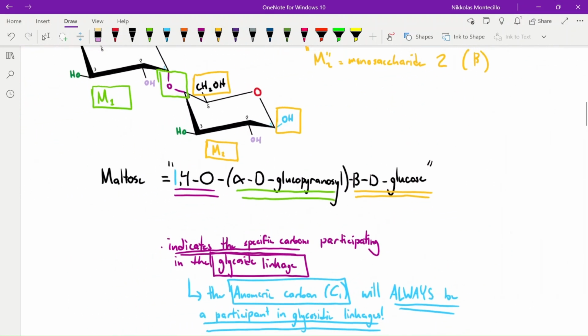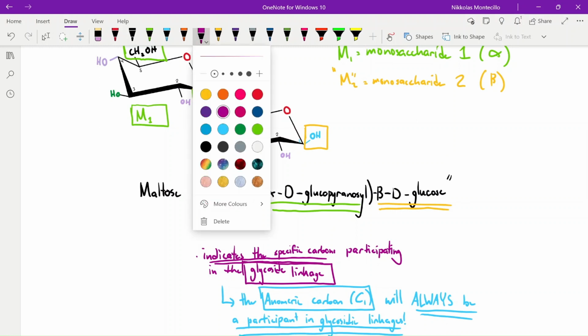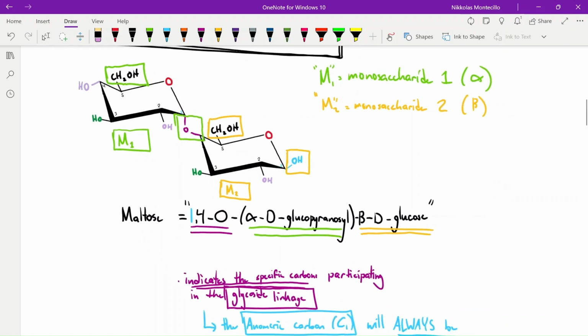So in purple, what I've shown here, the beginning of this name indicates the specific carbons. The numbering here for the linkage indicates the specific carbons participating in the glycoside linkage. So the anomeric carbon, or C1, will almost always, I say always in the description here because that's usually what happens, right?